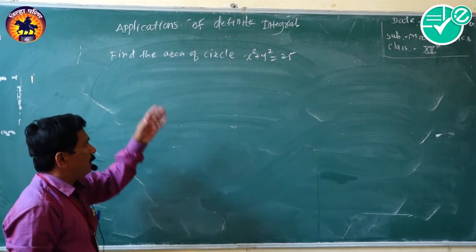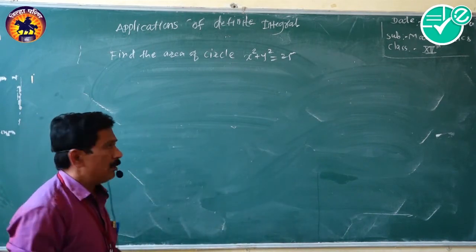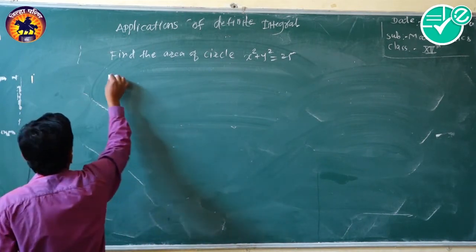Now we have to find the area of this circle. Let me plot this circle.